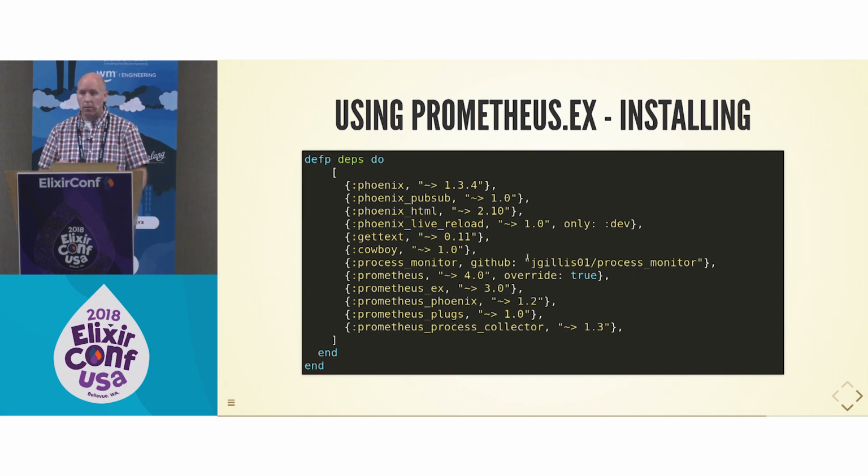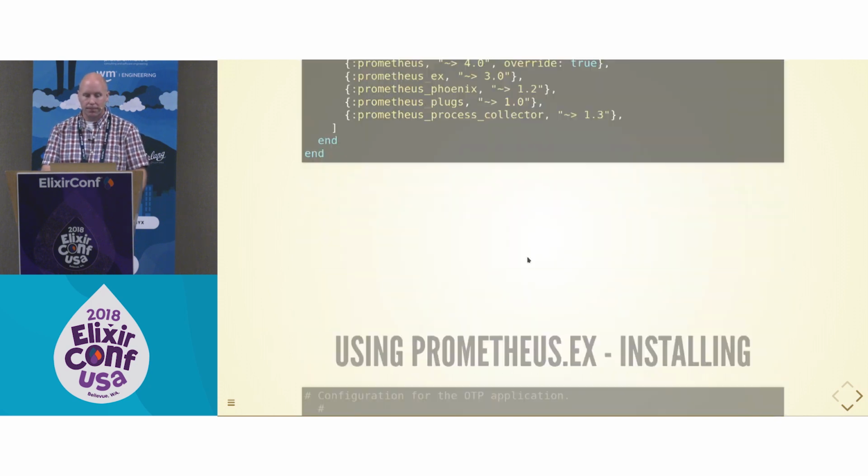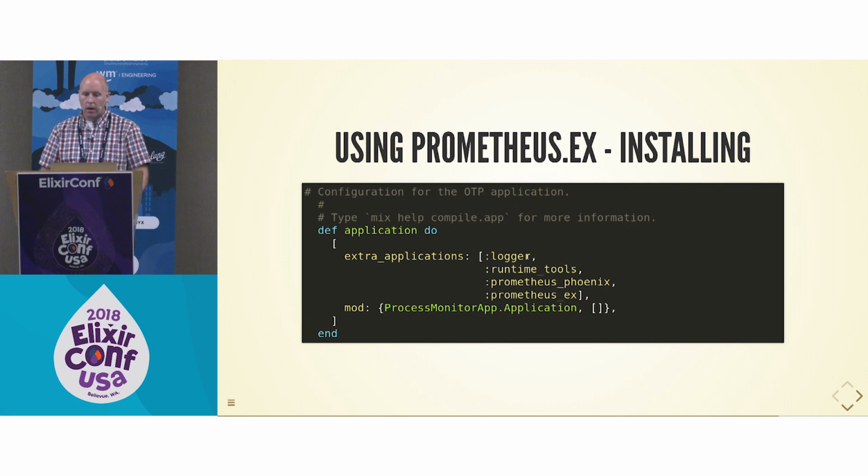This contains a plug that will actually create our metrics endpoint for us so that Prometheus can scrape it. And we're also going to include Prometheus process collector to give us low-level process information about the instance that's running our Phoenix application. Additionally, we have to make sure that our Prometheus Phoenix and Prometheus.ex applications are started when our Phoenix application is started.